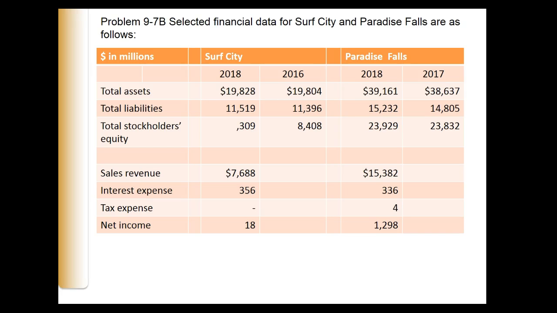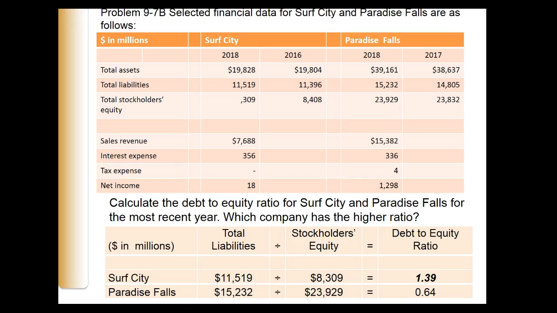Let's look at some problems here. Problem 9.7b provides us with selected financial data for Surf City and Paradise Falls. Show the total assets of each for 2018 and 2017, the total liabilities, the total stockholders' equity, the sales revenue, interest expense, tax expense, and net income. Selected financial data are as follows.